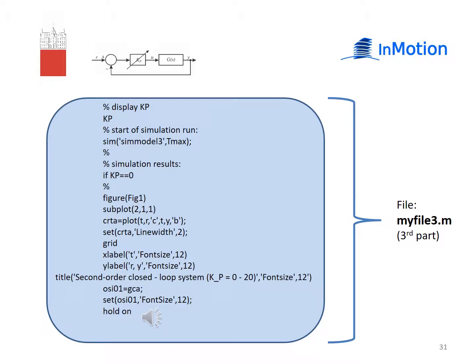Here, in the third part, the value Kp is displayed first, and then the simulation run is started. Then, the first plotting functions present the reference and the output signal in the upper graph, where also the labels and the title are defined.